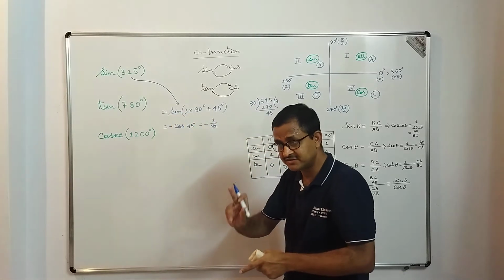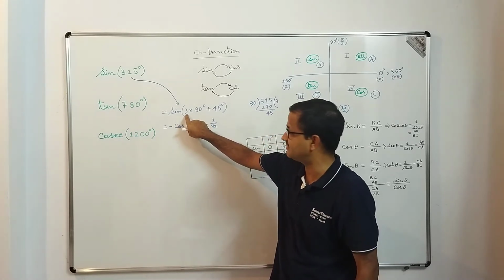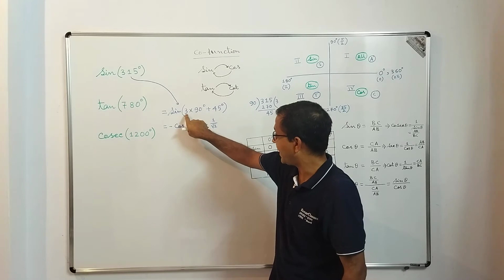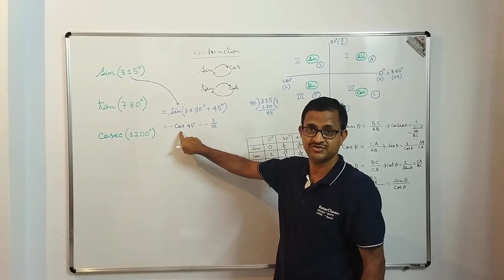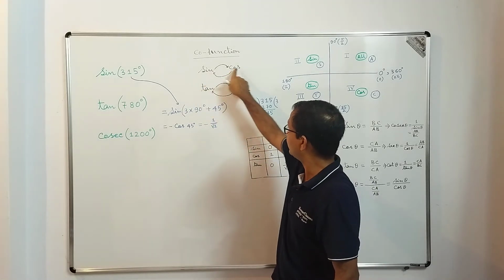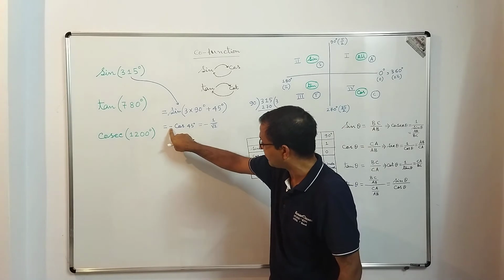Done. Second step, we should look for whether 3 is even or odd. Obviously in this case it is odd. As it is odd, sine should be changed to its cofunction, that is cos. So it should be cos 45 degree with a plus sign or minus sign.